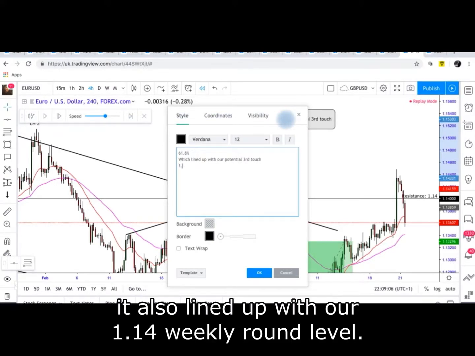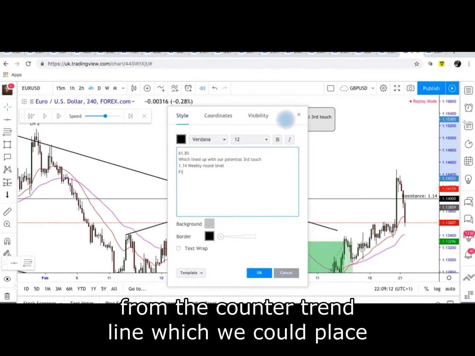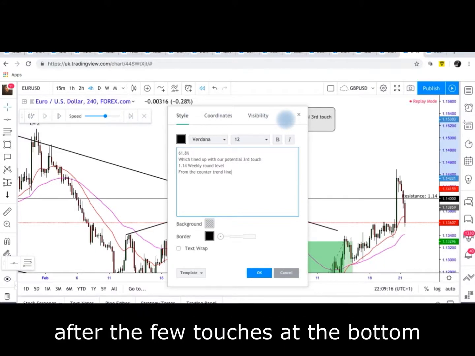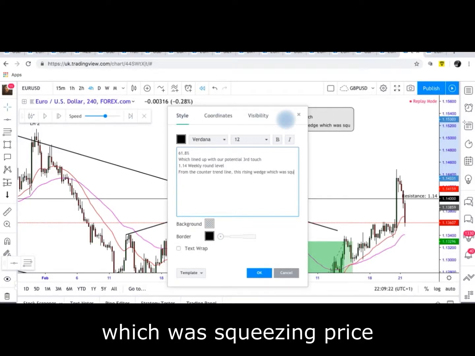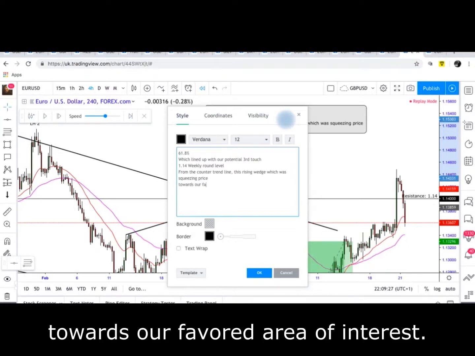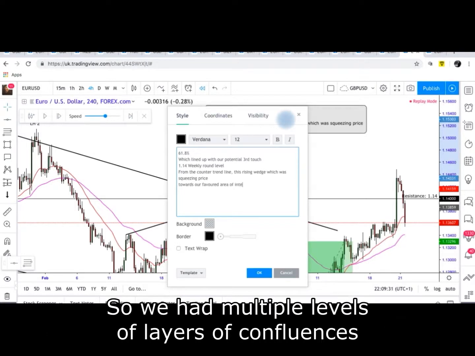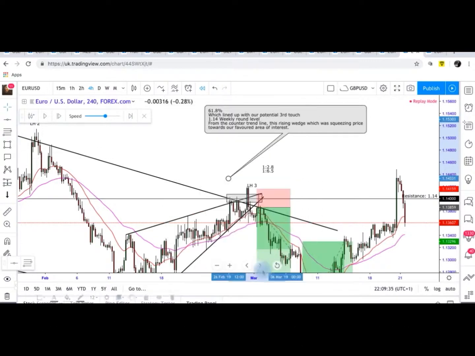It also lines up with our 114 weekly round level, and we could also use the counter trend line, which we could place after the few touches at the bottom. This was also a rising wedge, which was squeezing price towards our favoured area of interest. So we had multiple layers of confidence to confirm that this was indeed a sell.